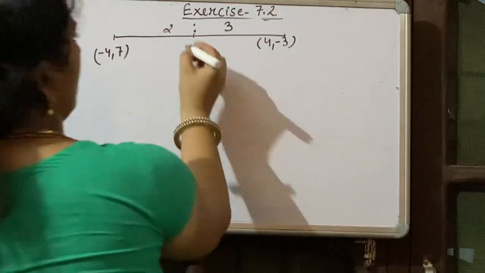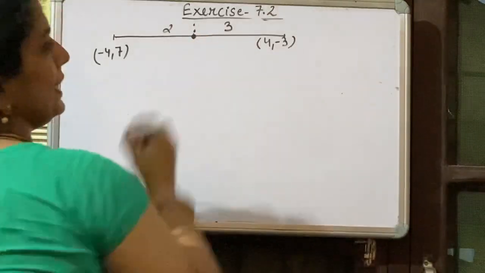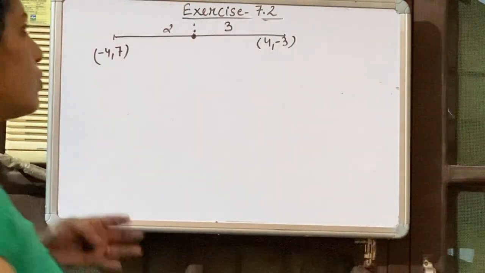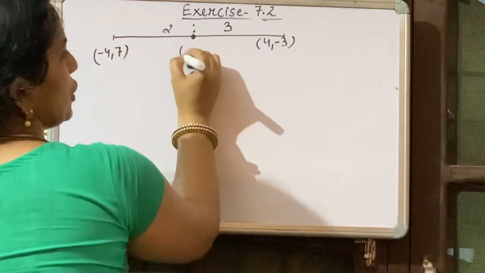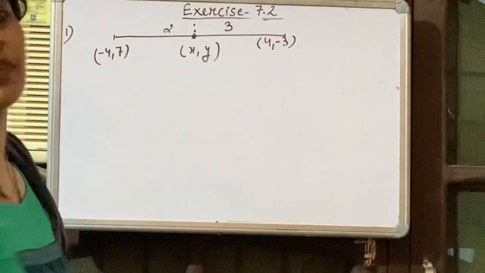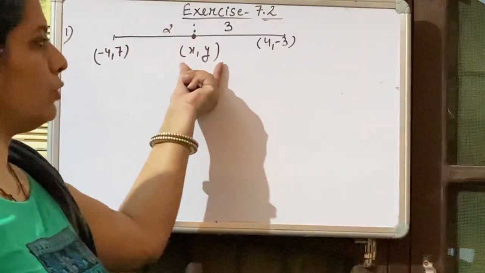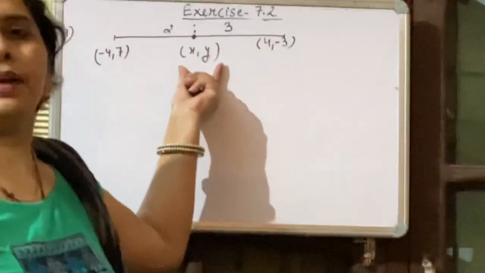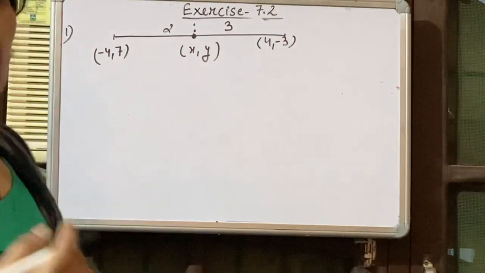You have to find out the position of this point. So first of all, let us suppose the position of this point is x and y.